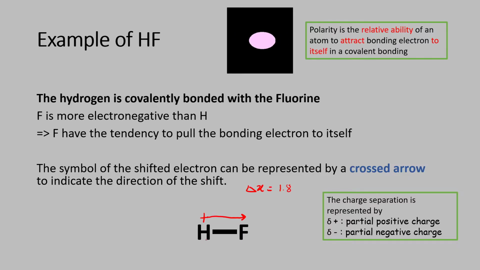Okay, and since the electron dia dah ditarik oleh F, walaupun dia orang ni share tau elektron, sebab dia orang ni bukan ionic, dia orang ni is covalent bonding. So even though they all share, banyak of the shared electron is dekat F. So what we'll have is a partial positive and partial negative charge. Kenapa ada partial ni? Okay, ingat tak?